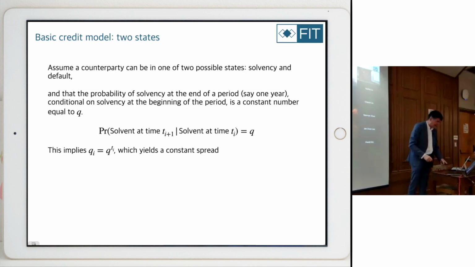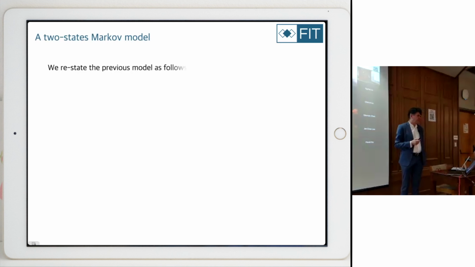Great. So if that's the case, then my hazard rate, the logarithm of Q, is constant. My hazard rate is constant. My credit spread is constant. So I'm going to rewrite that by saying the following. It's exactly the same thing. I'm not going to change anything. I'm just going to use a little bit of mathematical language for that.